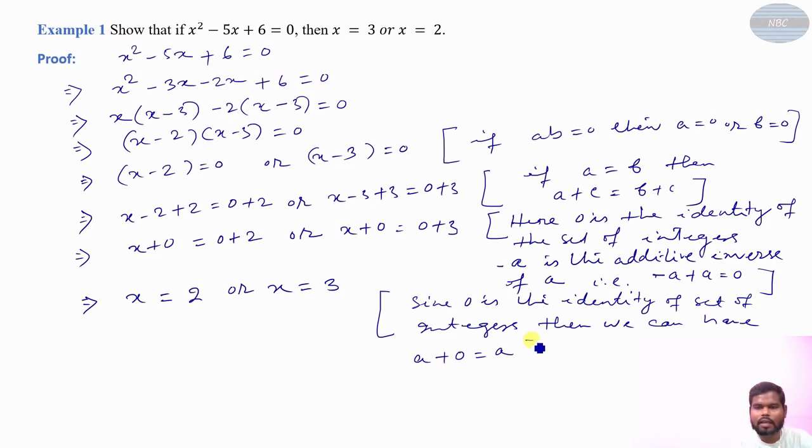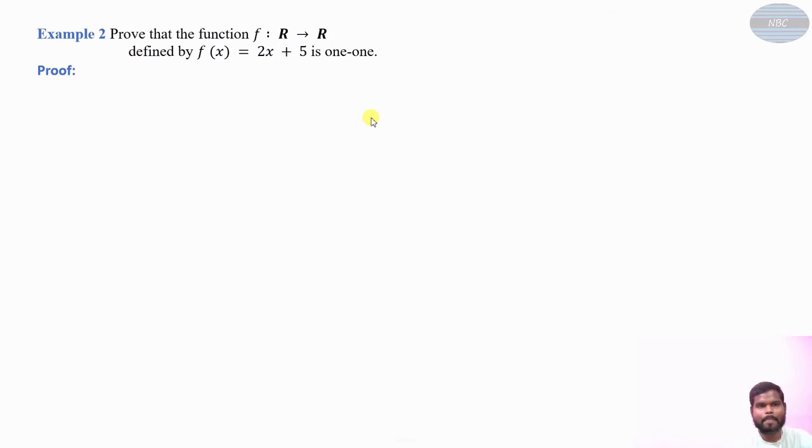Similarly here, x plus 0 is equal to x, 0 plus 2 is equal to 2. So we got x is equal to 2 or x is equal to 3, so hence proved. In this way we can prove that if x square minus 5x plus 6 is equal to 0, then x is equal to 3 or x is equal to 2.